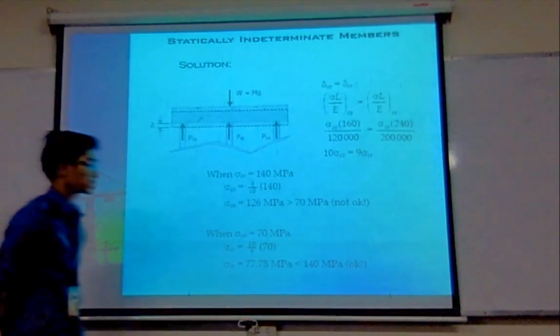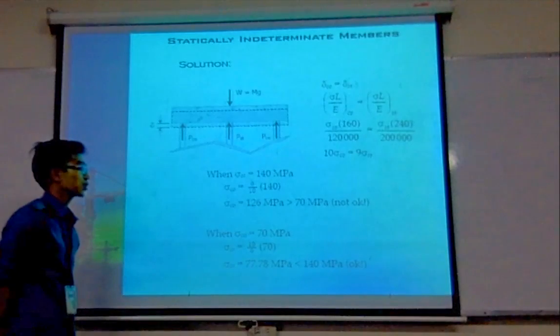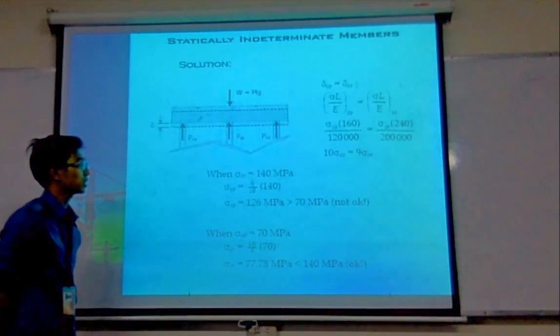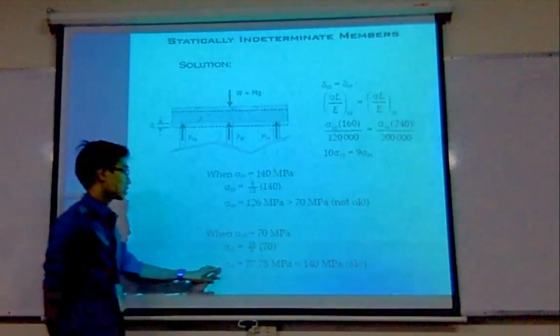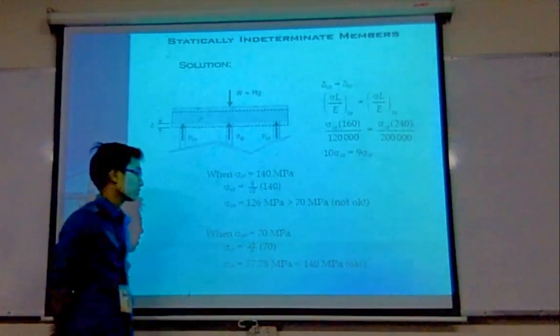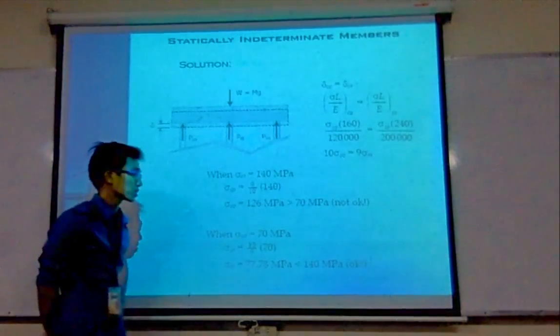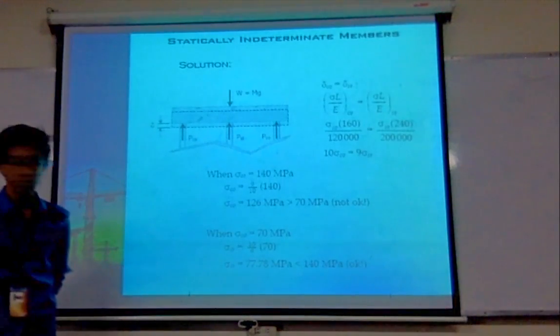As you can see, it is less than 140 megapascal, which is accepted for the stress that steel can have. So we will use this. The stress of the steel is 77.78 megapascal, and the stress of the copper is 70 megapascal.